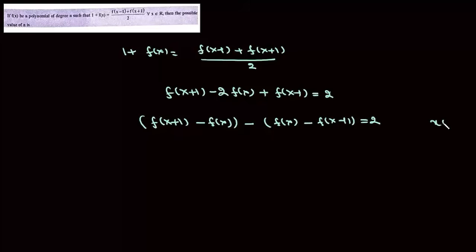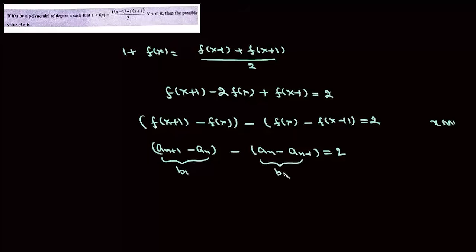Now if we take x as natural numbers, then this is an plus 1 minus an, minus an minus an minus 1, and this is equal to 2. Now this is the difference between two terms, and this is the difference between an and an minus 1.